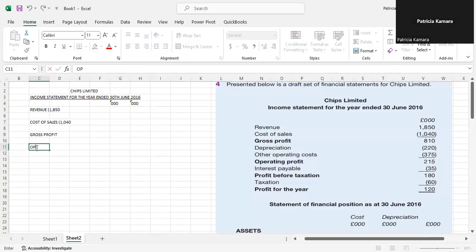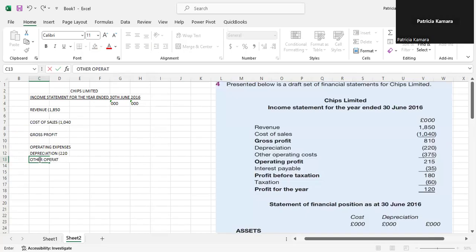And then we have operating expenses, expenses that we incur as a result of our operations. And beneath that, we have depreciation. We have been given a depreciation figure of 220. In our previous video, we explained what depreciation is and the various methods of calculating depreciation, okay? We have other operating costs.